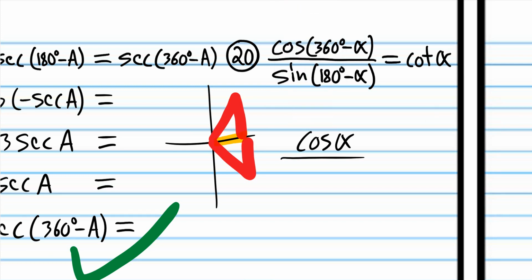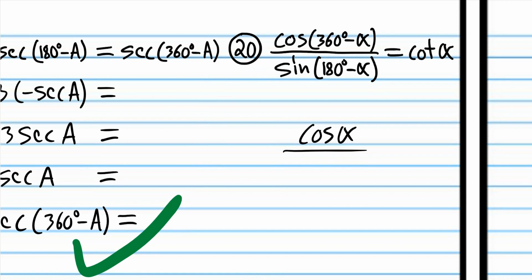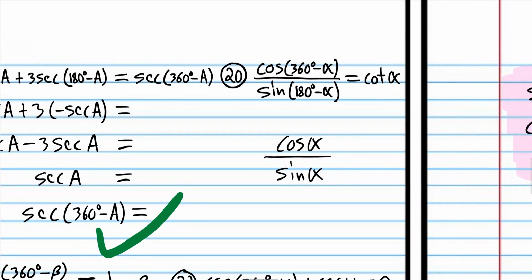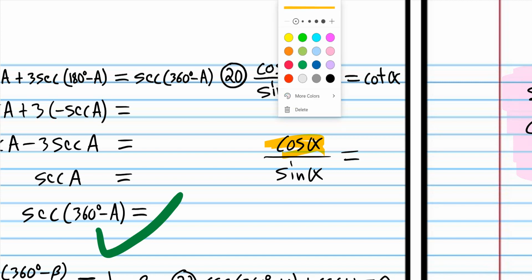So cosine is going to be positive in both cases. I know those triangles are kind of warped. Sine of 180 minus alpha is going to be equal to sine alpha. So that's a ratio identity.